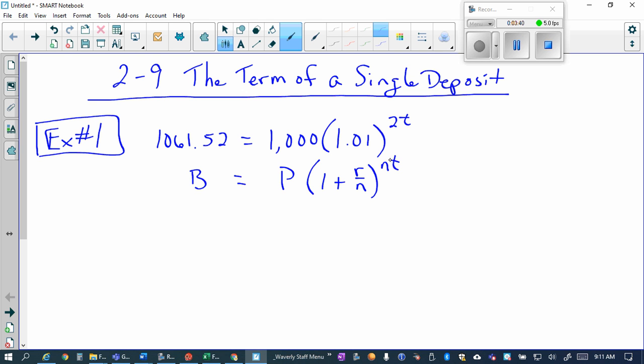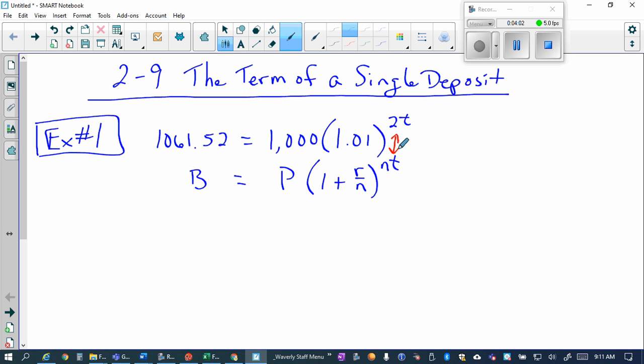Well, it would be if it was only compounded annually, because N would be 1. But is N 1? It's 2, right? So that complicates what the rate is just a little bit. Well, let's think about this.